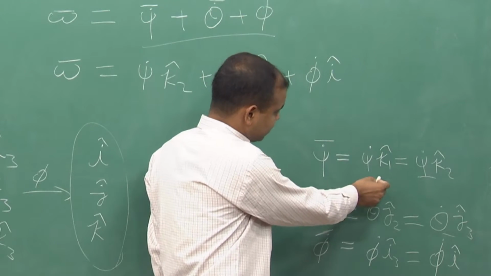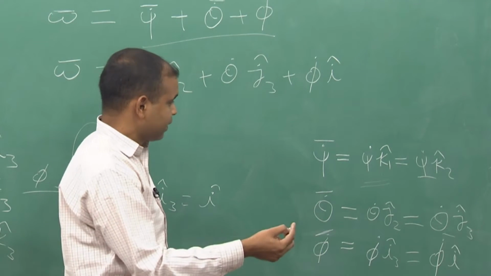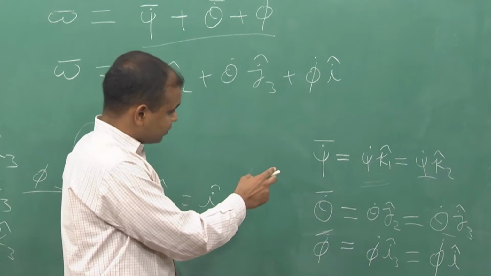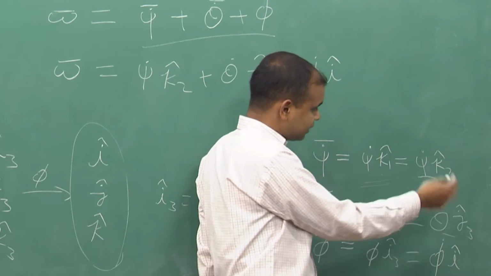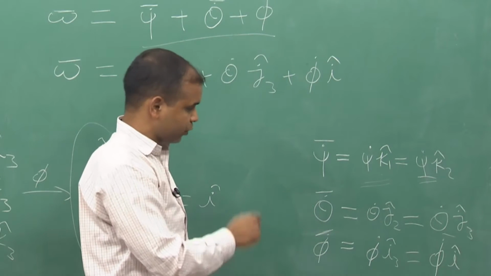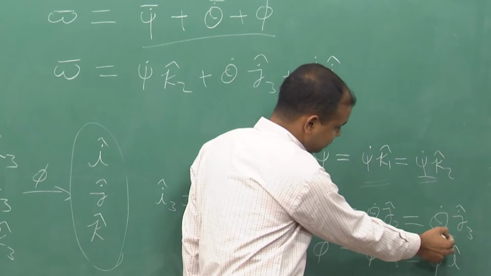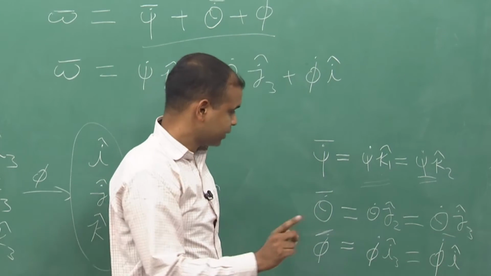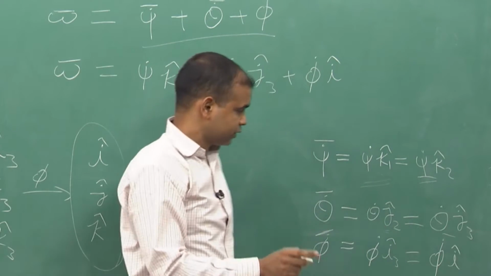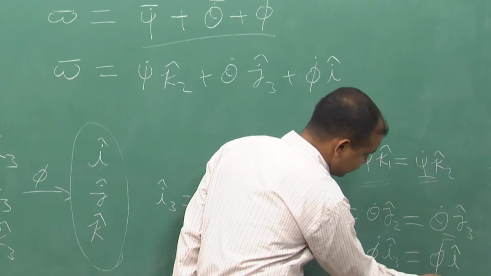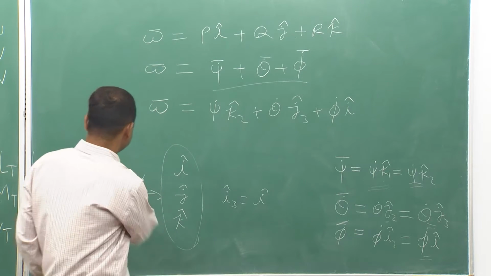The first from k1 to k2, and then k2 to k3, and then k3 to k, and this will take 3 rotations. If I start from k2 directly, then I can reach the I j k frame after only 2 rotations. Similarly, if I start from theta dot j3, I will require only 1 rotation to reach the I j k frame. That is why I am picking this one, and this is already in I form, no rotation required.